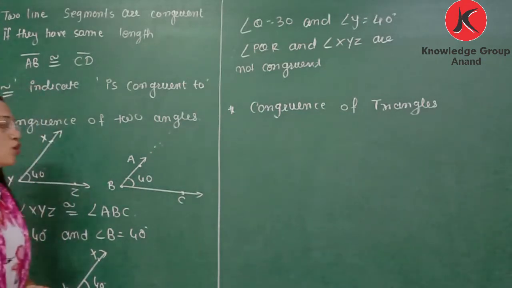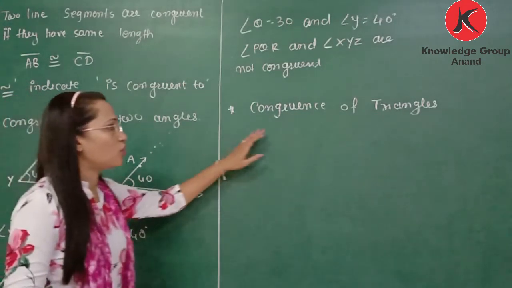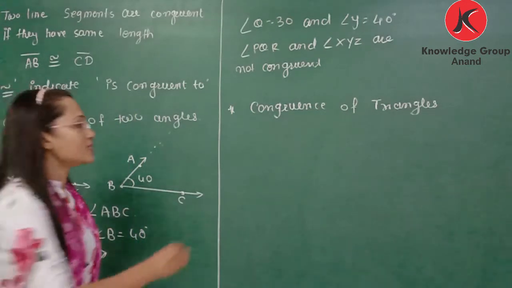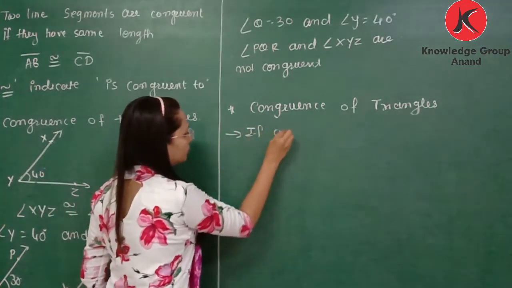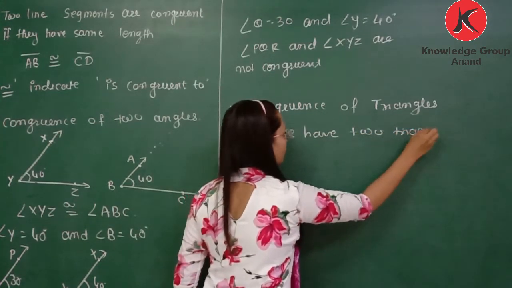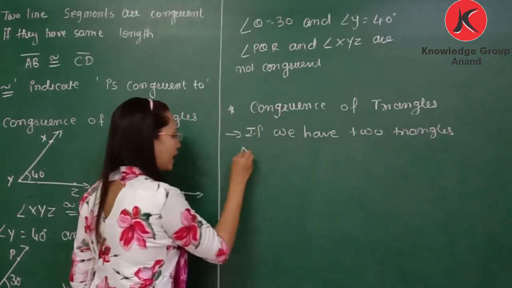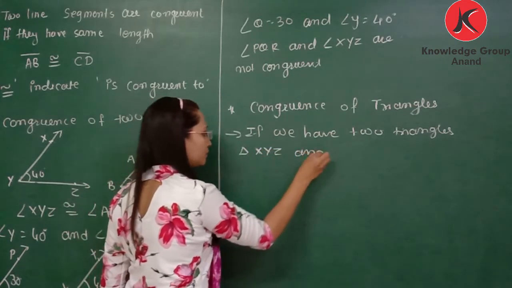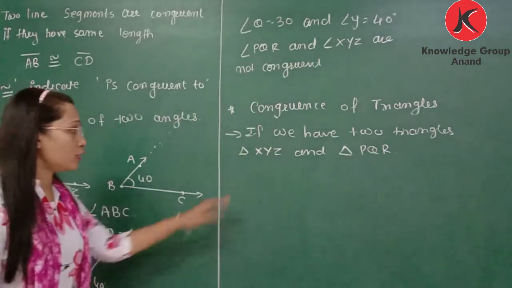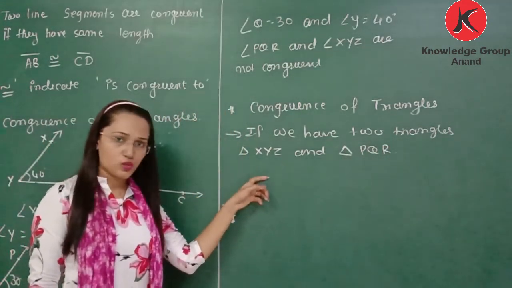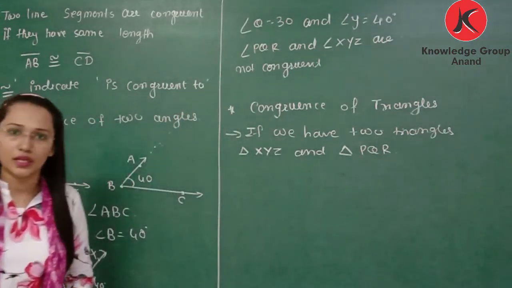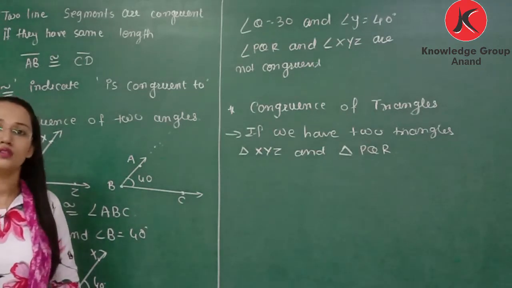Okay. Now after the congruence of angles, we learn about the congruence of triangles. What is congruence of triangles? If we have two triangles, triangle XYZ and triangle PQR, and we take the trace copy of triangle XYZ and superpose it on triangle PQR, and they cover each other completely, then they are called congruent triangles.